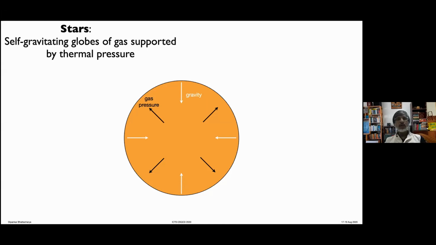However, if you have a hot object like the star, which is embedded in space outside, where the temperature is much lower, there is no way to keep the heat in. The heat will leak out. And so heat leaks out in radiation. And it is this radiation that we actually see.